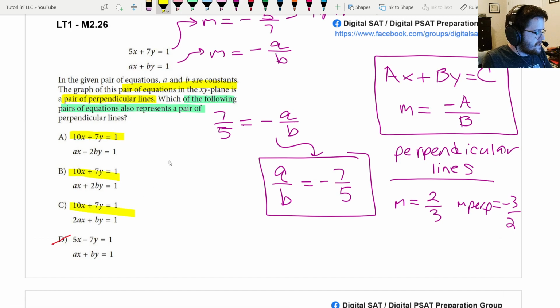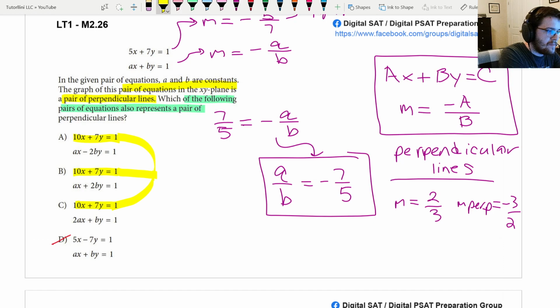So let's find that slope for those three guys using m equals -A/B. So the slope for all of those is -10/7.